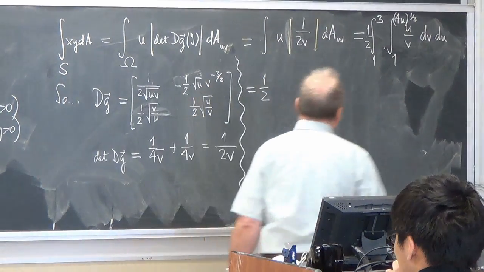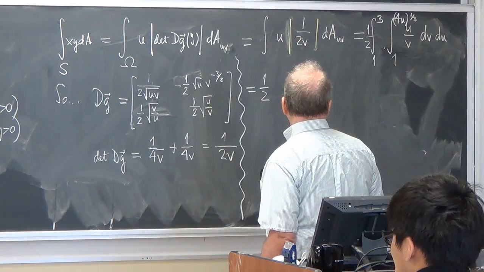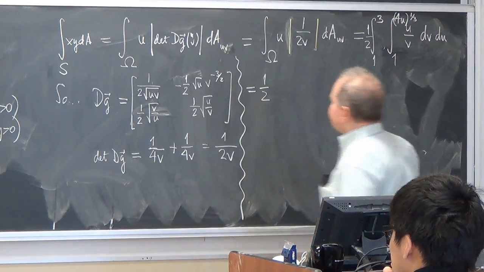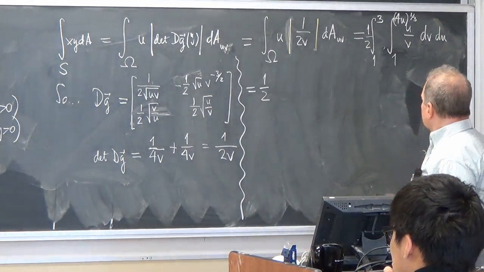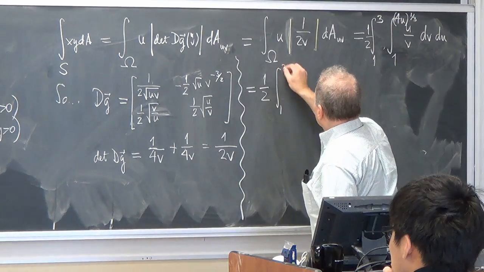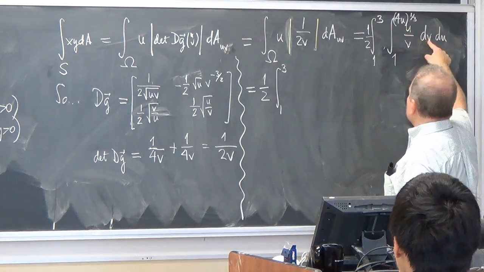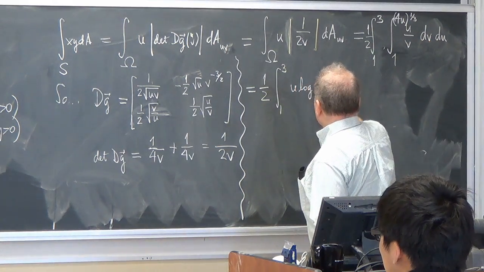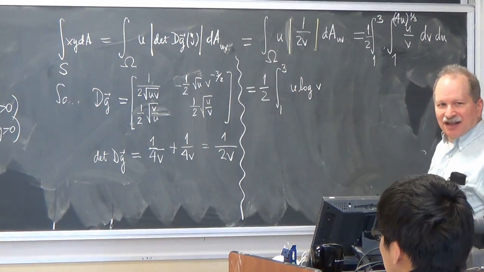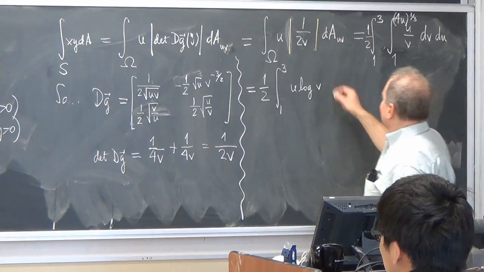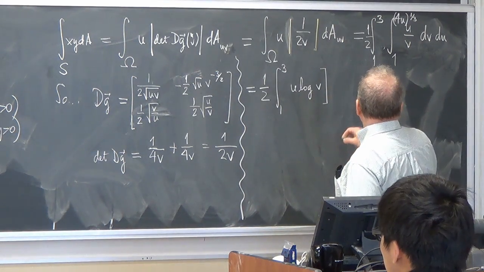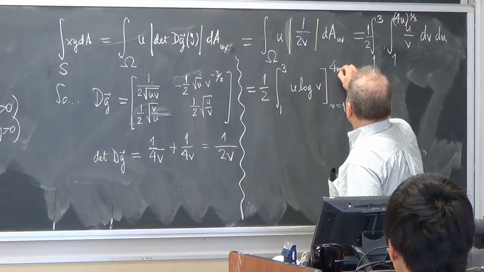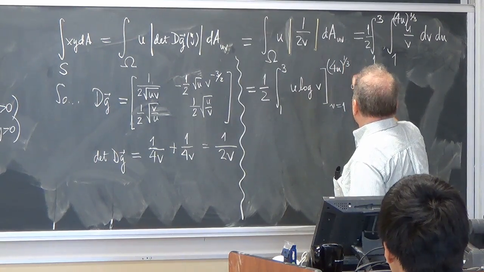Should the one with the absolute value mark be over omega? Oh, thank you. All right, so integral of 1/2 u. What's the integral of 1 over v dv? Log, except I write log because we're a math class, not an engineering class. v goes from 1 to the cube root of 4u. This would actually be better, wouldn't it?